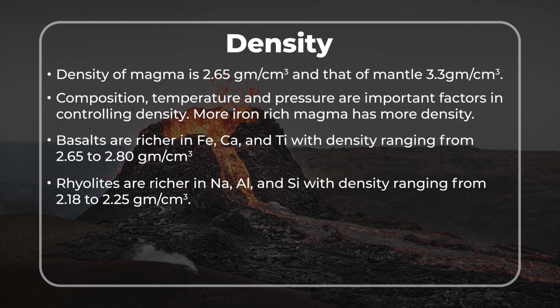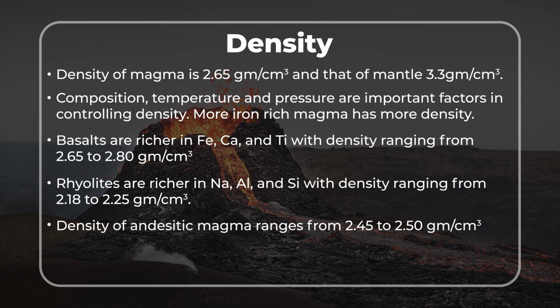Rhyolitic magmas have more sodium, aluminum, silica, so their density is less. That ranges between 2.18 to 2.25 grams per centimeter cube.